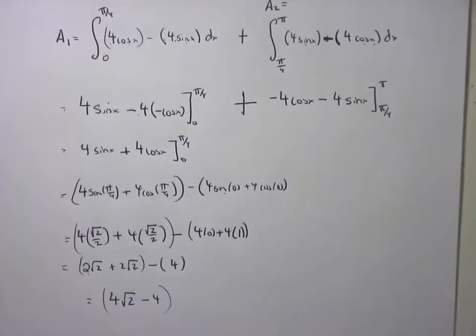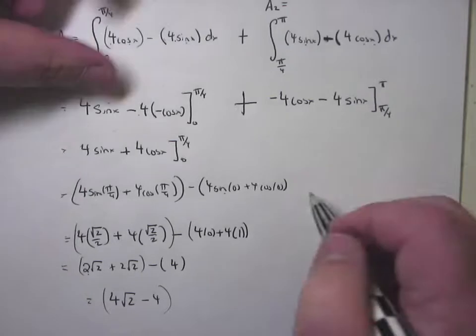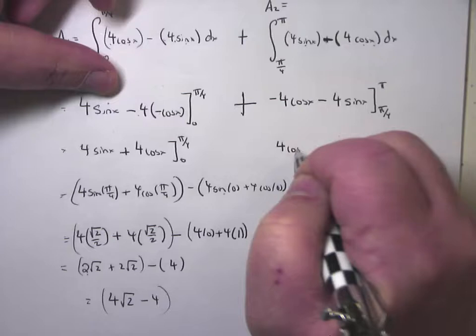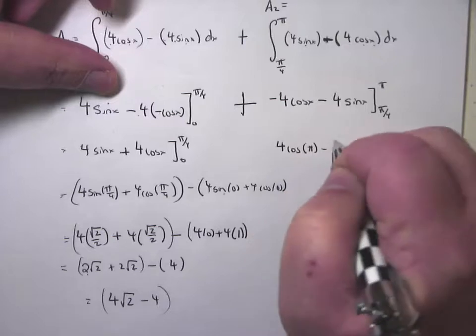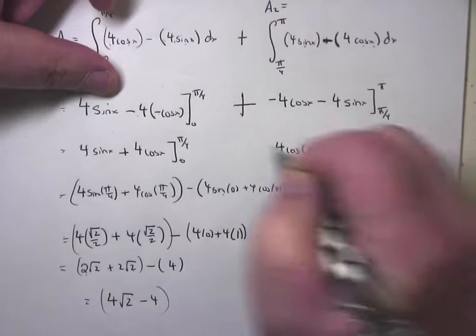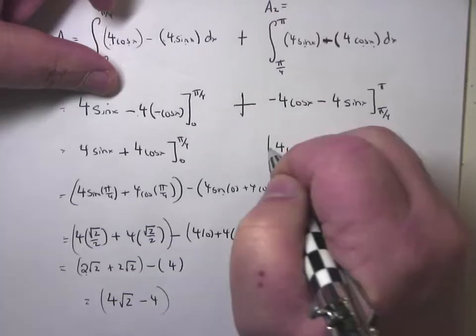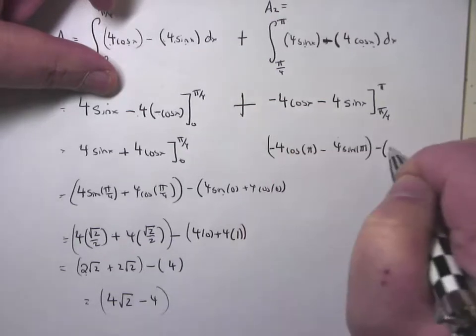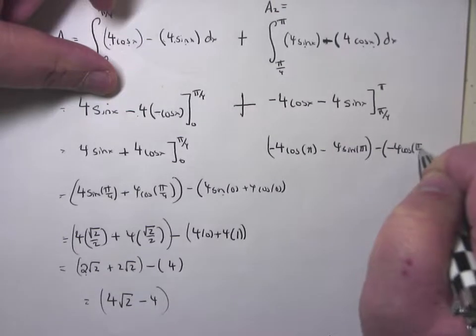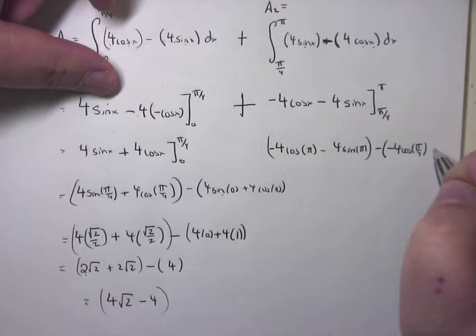According to the fundamental theorem, you plug in top minus plug in bottom. This would be equal to negative 4 cosine of pi minus 4 sine of pi, minus negative 4 cosine of pi/4, minus 4 sine of pi/4.